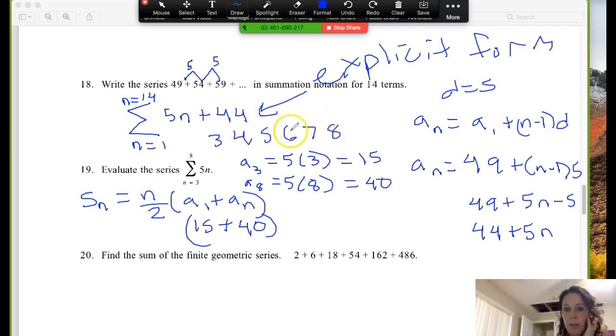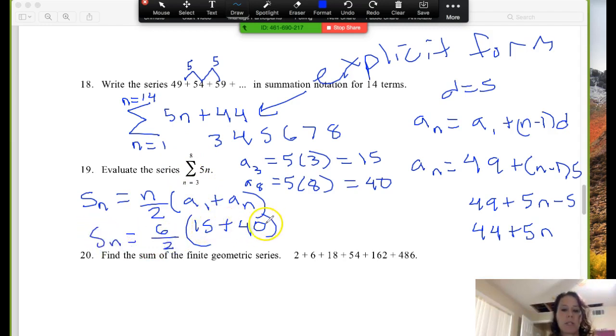That's 1, 2, 3, 4, 5, 6 terms, because you're including the first term. So the number of terms is 6. There are 6 terms from 3 to 8. 6 divided by 2, so sum that.